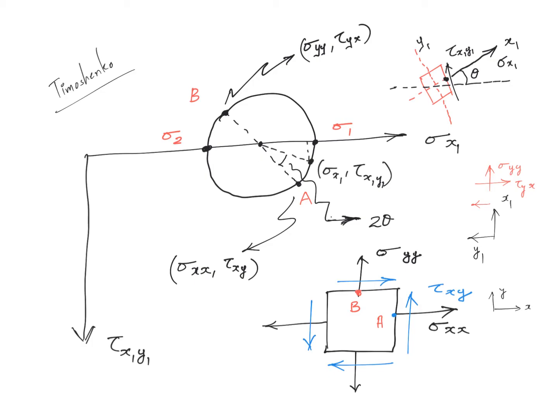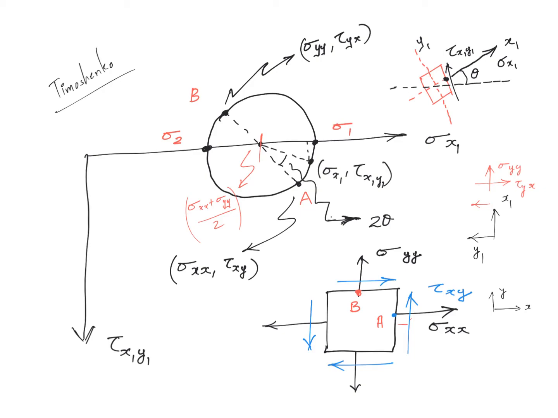The center is well defined. If you know both the sigma xx and sigma yy, the center is sigma xx plus sigma yy by 2. So this point, I didn't mark this there. It gets a bit cluttery, but let me mark it.